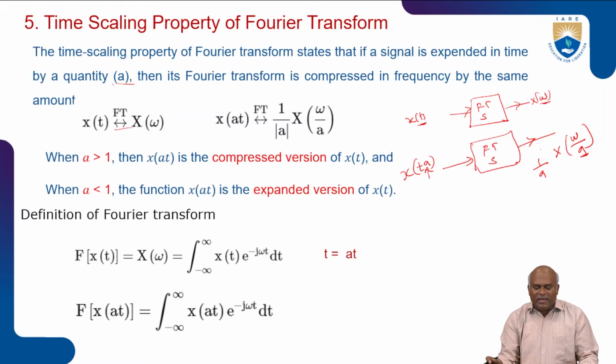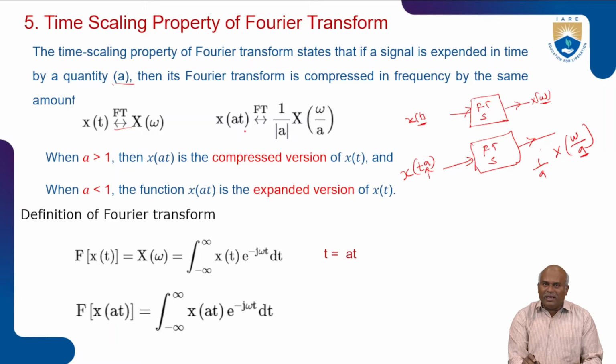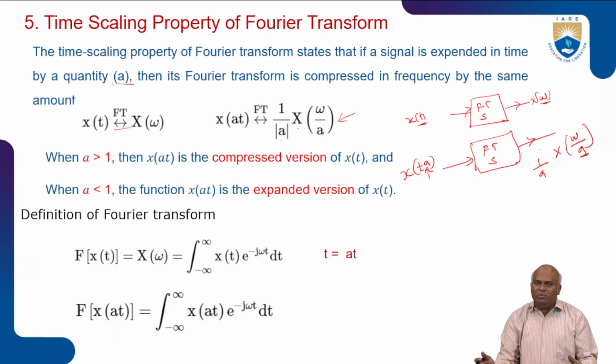Now, as per the statement of the time scaling property, we multiply with some constant in the time domain of the input side, that is x of a t. Its Fourier transform is equal to 1 by mod of a times X of omega by a. What does this mean? That means the frequency is going to compress: by however much we multiply the constant in the time domain of the input, that much is compressed in the output side of frequency. So this is represented as the time scaling property.